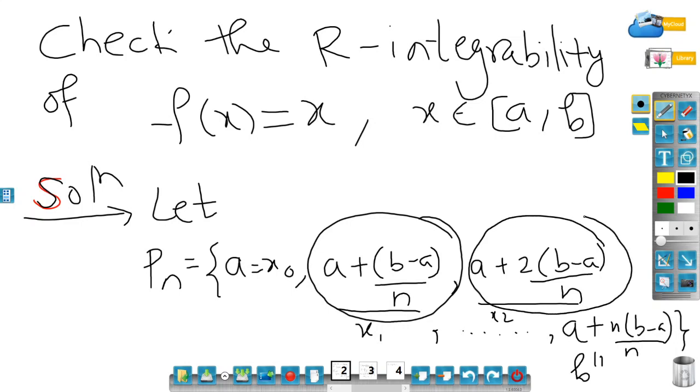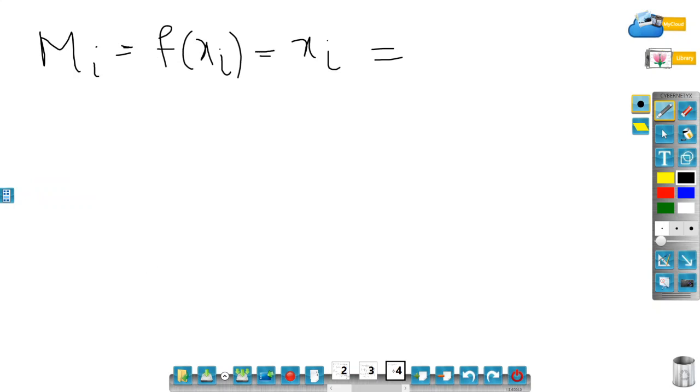Similarly, x3 will look like a plus 3 times (b minus a) by n. Similarly, xn looks like a plus n times (b minus a) by n. So in general, xi will look like a plus i times (b minus a) by n. So let me write that down: a plus i times (b minus a) by n.